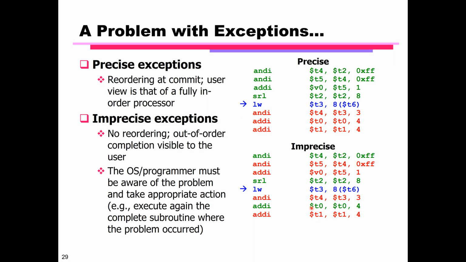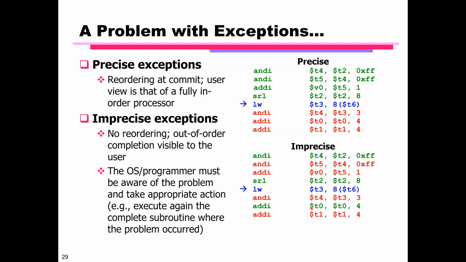The exceptions that will be natural to implement in our out-of-order machine are imprecise. I'll discuss this a little bit more at the end of today when we look at a little bit of the history of things, but there was a time where imprecise exceptions were okay. And I'll explain why. Now it's absolutely intolerable.